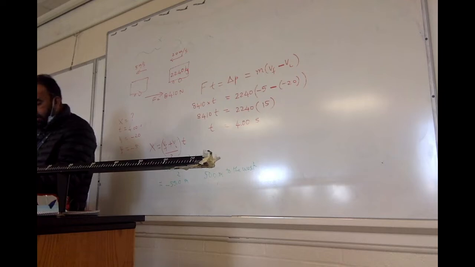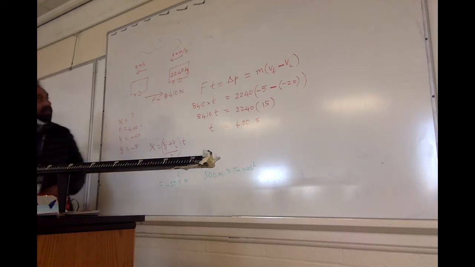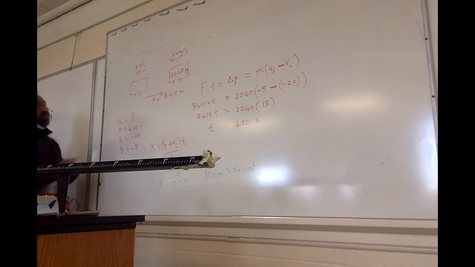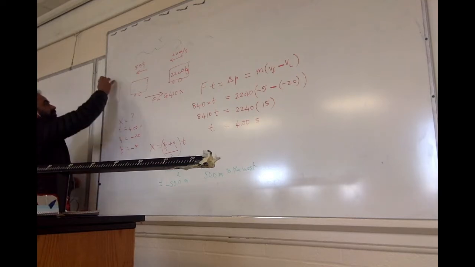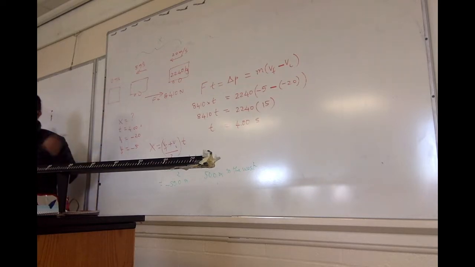It says, how long would the car in the sample that we just did take to come to a stop from the initial velocity of 20 meters per second to the west? So they're asking you, how long would it have taken if it has to come to a stop? So now the question is, how much time?